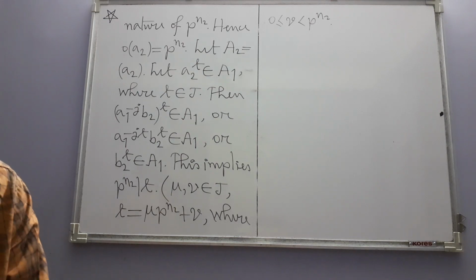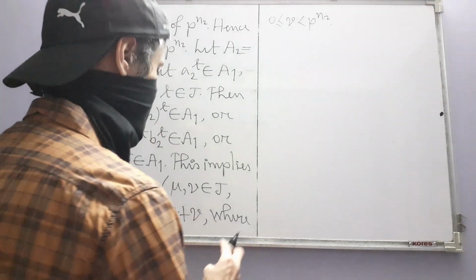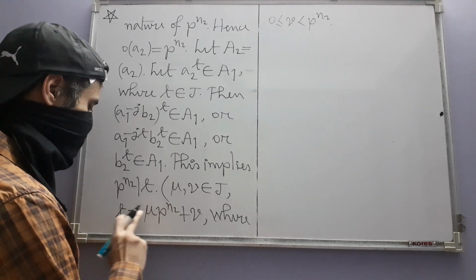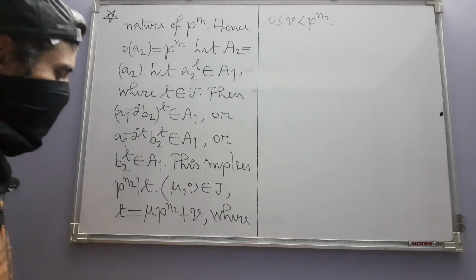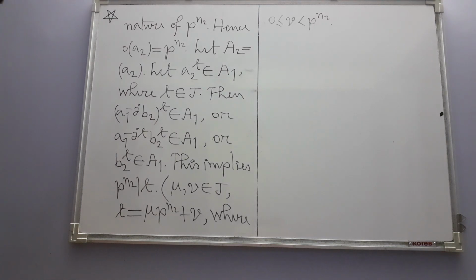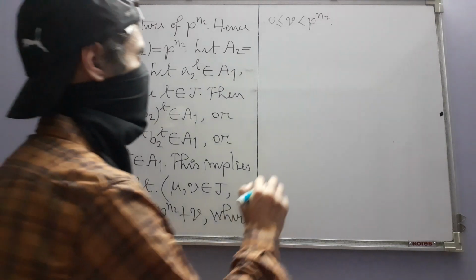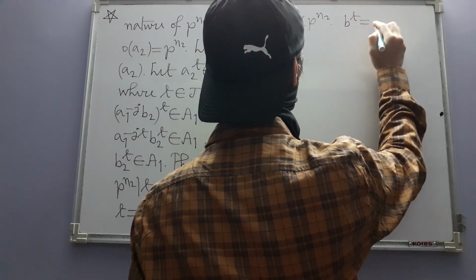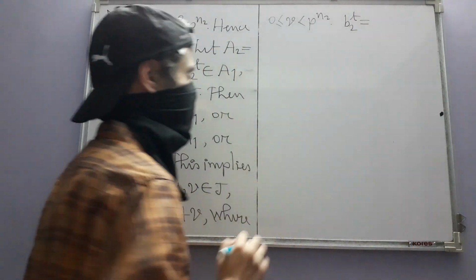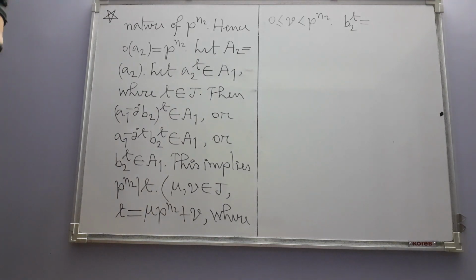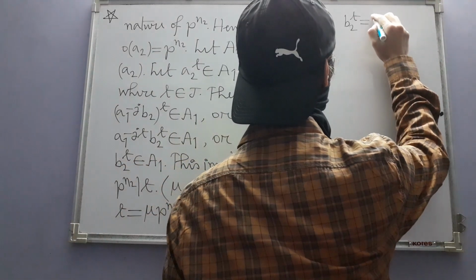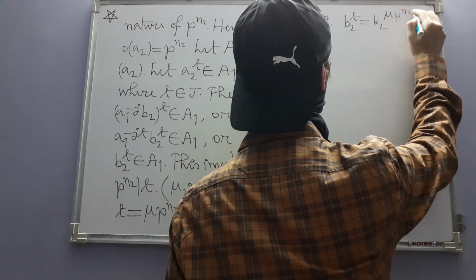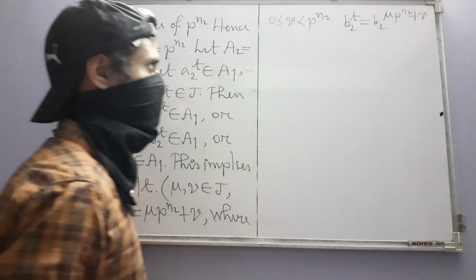Okay, so this is the quotient mu and this is the remainder nu when we divide t by p to the power n2. What does that give us? Note that b2 to the power t then becomes b2 to the power mu times p to the power n2 plus nu.